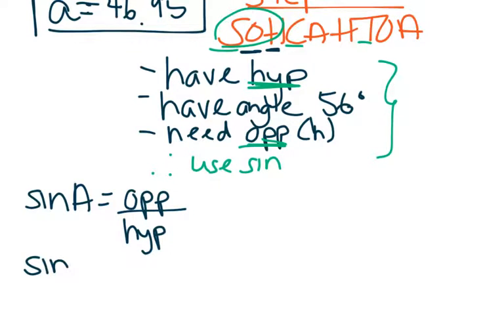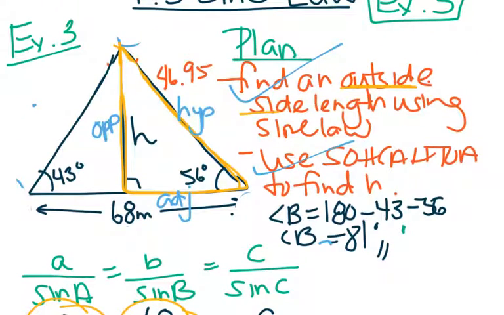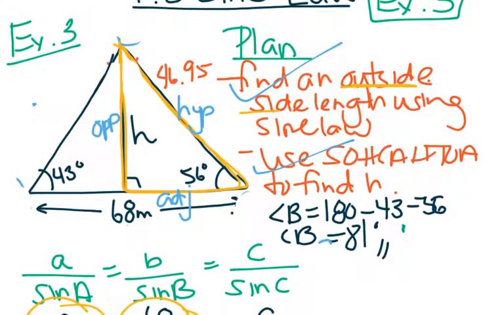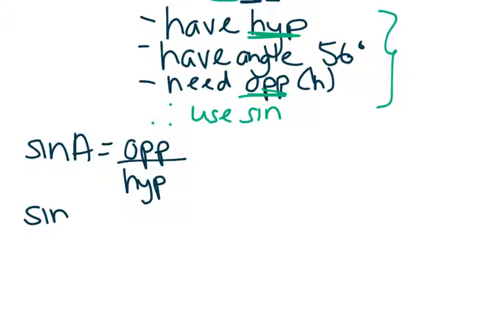Our angle is 56 degrees. So sine of our angle 56 degrees equals opposite, which if you check back is h, over hypotenuse, which we found, 46.95.